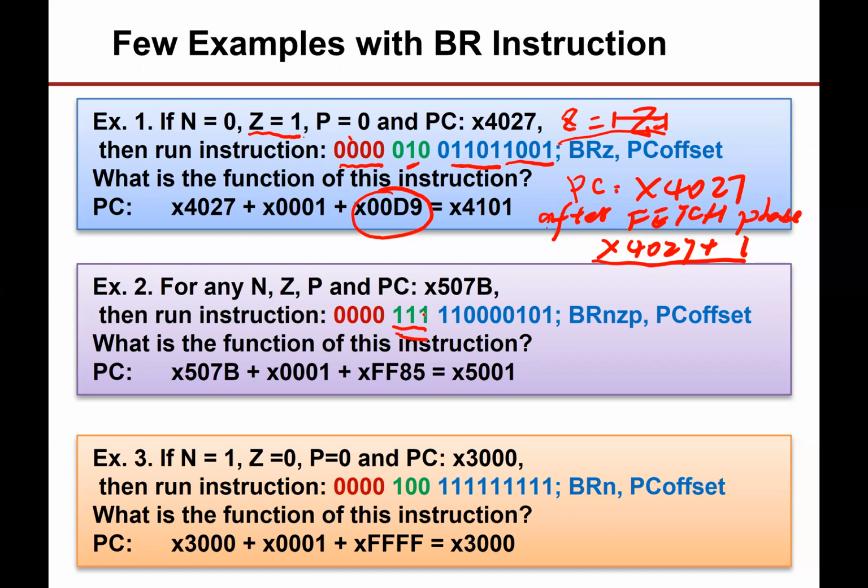The new PC here, also, the PC for this instruction is 507B. So after the fetch phase, it'll increment by 1, and then find its PC offset.